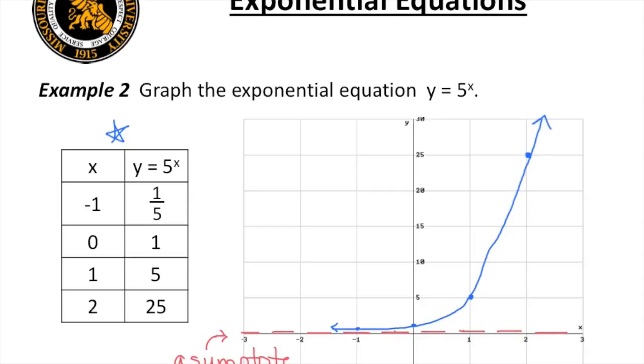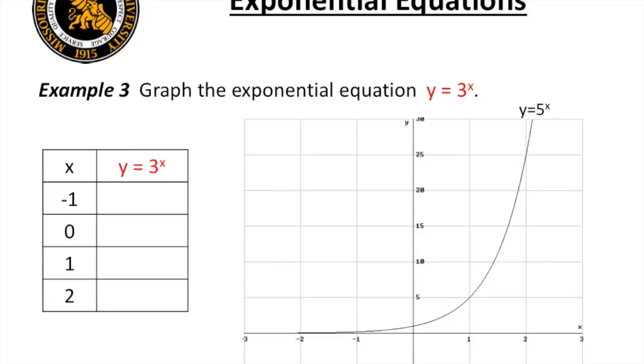We also say that this particular graph models growth, in that as we move from left to right, the graph increases. From left to right, the graph increases.